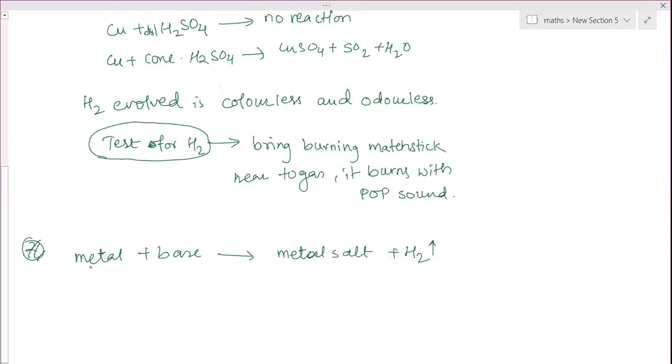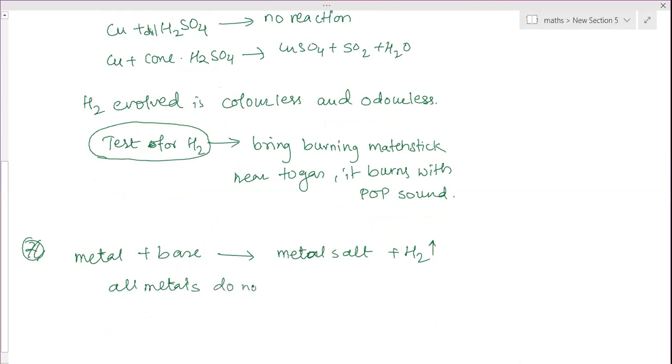But one condition here. Are you able to hear me? Yes, ma'am. So metal also reacts with base to form metal salt and hydrogen, but not all metals do. Not all metals have the property to react with bases.